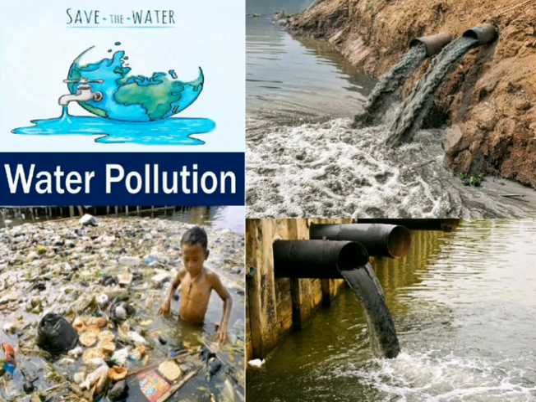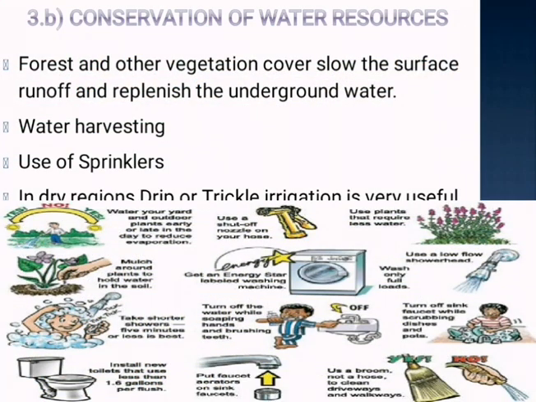Here are some examples of water pollution: from the factory, we throw whatever things we have into the nearby water bodies, which will pollute our natural water resources. Now, the conservation of water resources. Forest and other vegetation cover slow the surface runoff and replenish the groundwater resources.